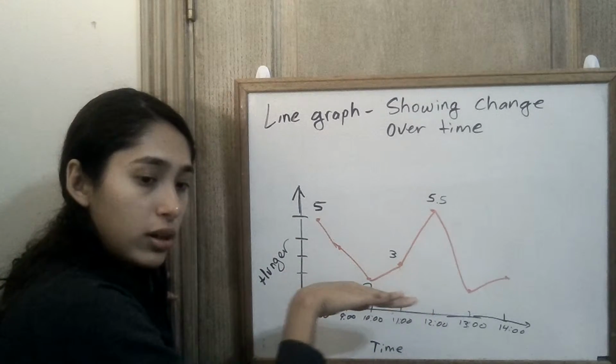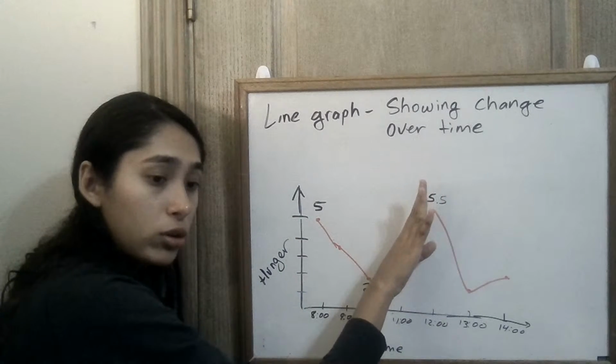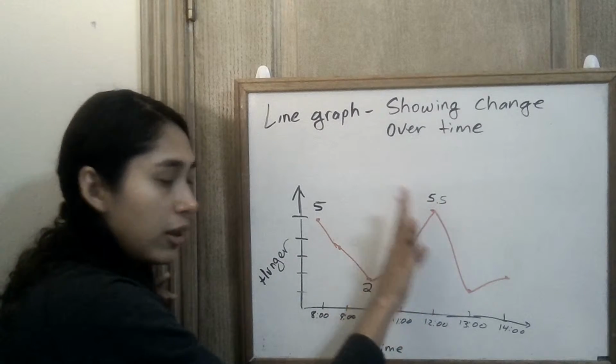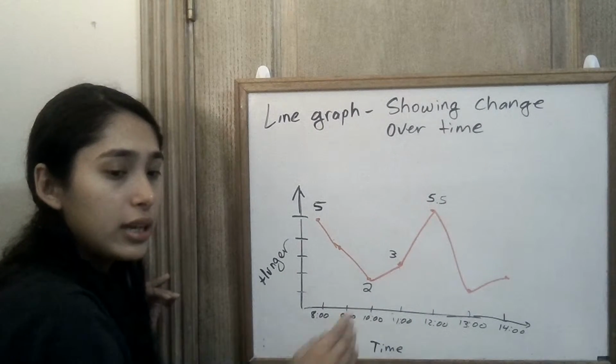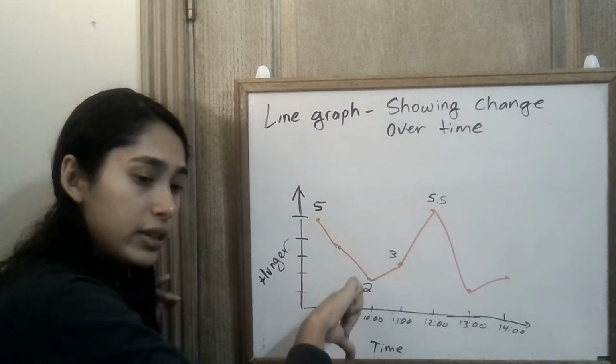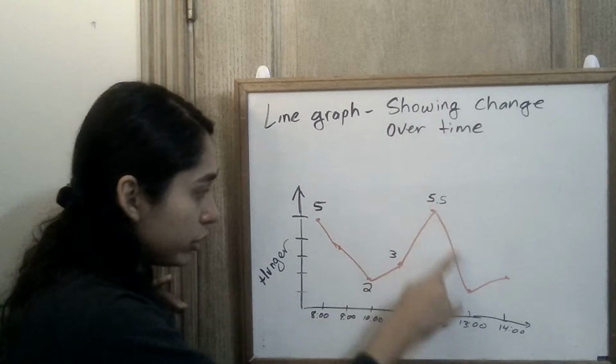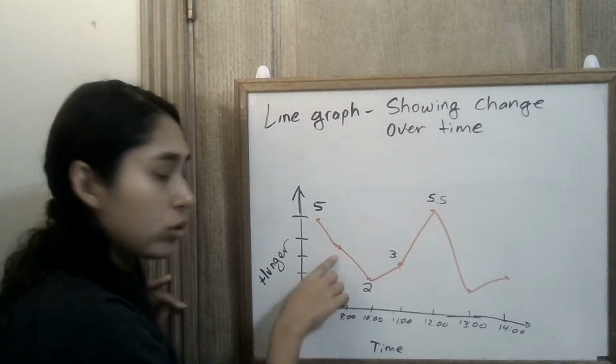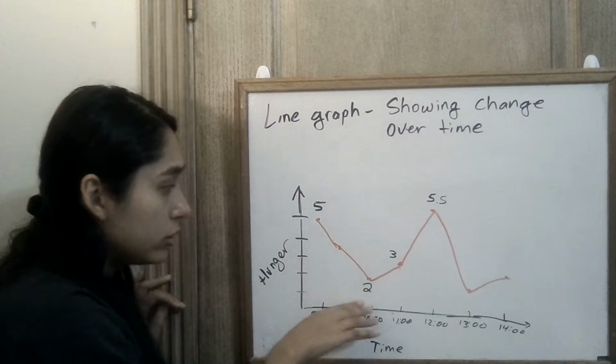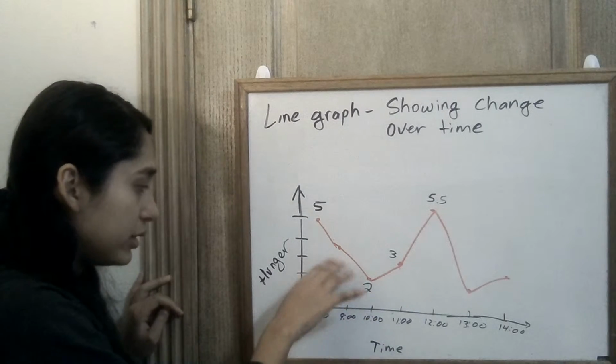Flatter equals more of the same. The more vertical it is, steeper, more drastic. It works in increases and also in decreases. So here, it's a very sharp decrease, versus this softer decrease.